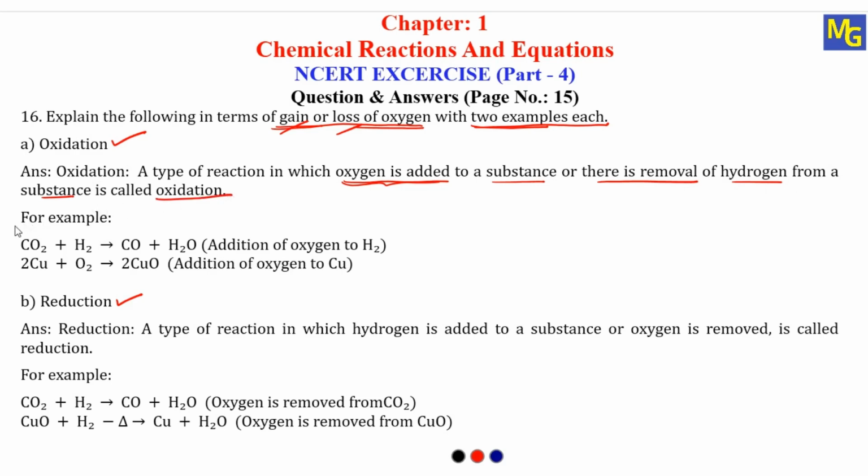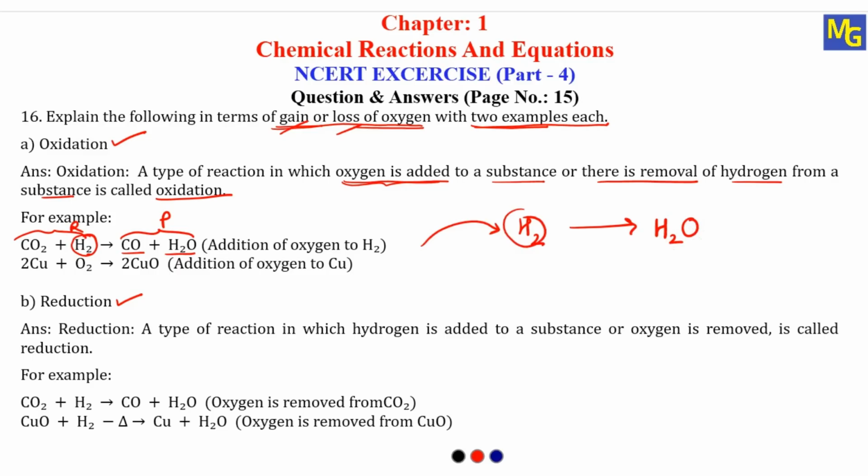So let's see the example. Example 1: CO2 + H2 gives CO + H2O. Here CO2 and H2 are the reactants, and CO and H2O are the products. If you focus on the reaction, this hydrogen is H2 in the reactant, but in the product it has become H2O.